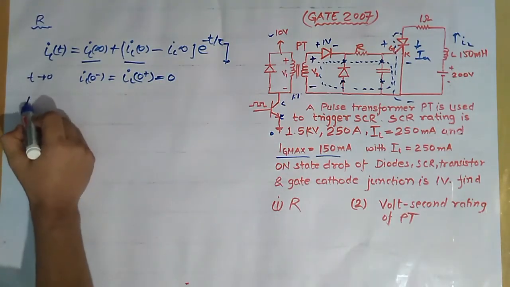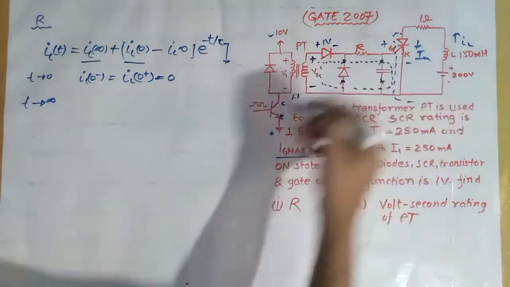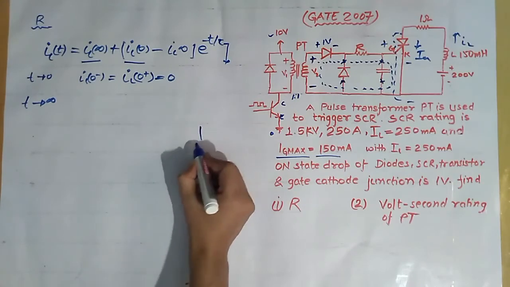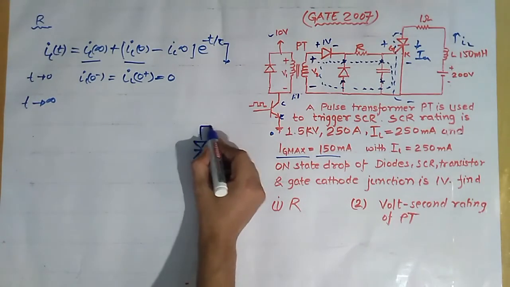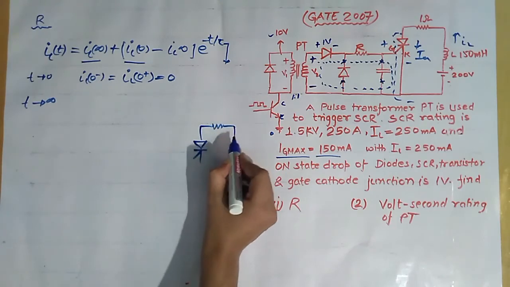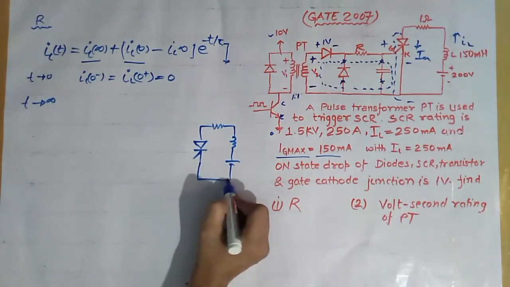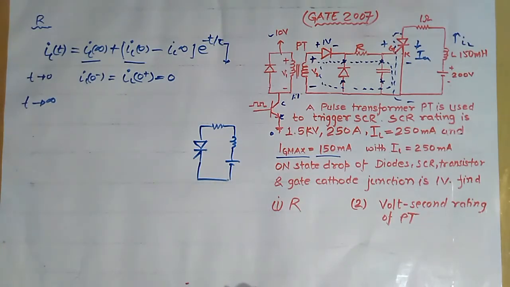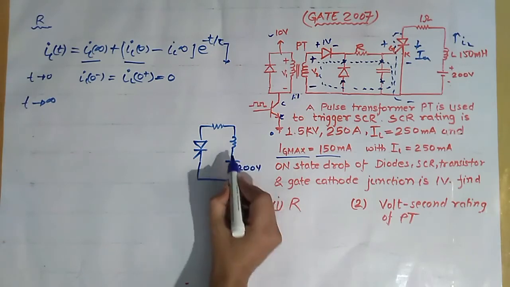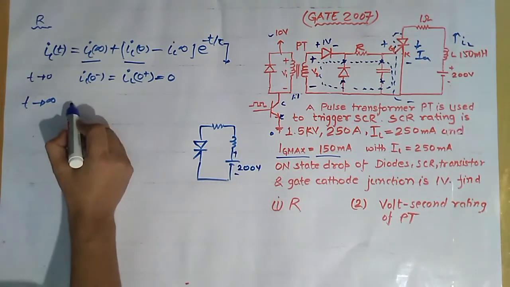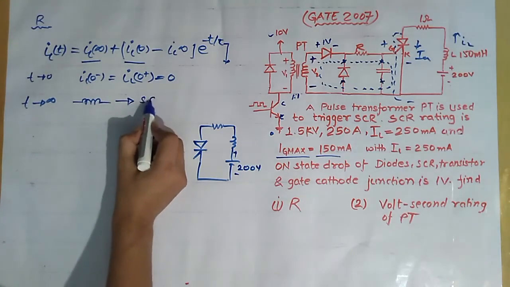Now what happens at t tends to infinity? I draw this circuit separately for your convenience. So this is the thyristor, this is the resistor, this is the inductor, and this is the DC voltage source. In this circuit at t tends to infinity, this is DC, so the inductor will act as a short circuit.